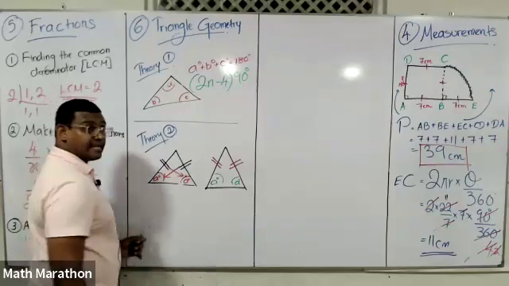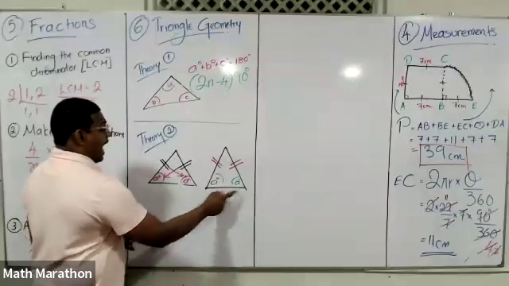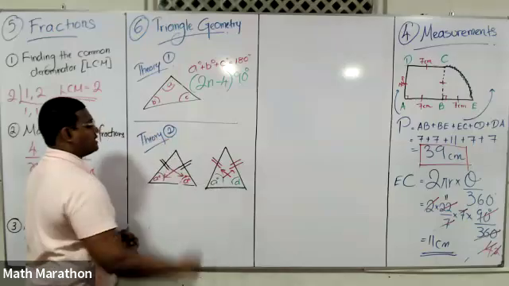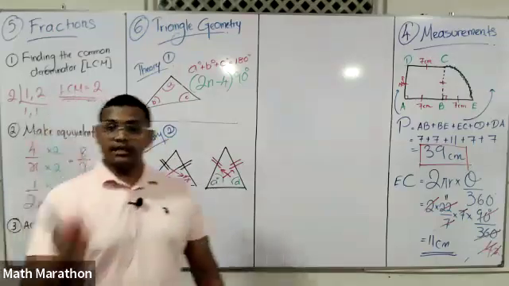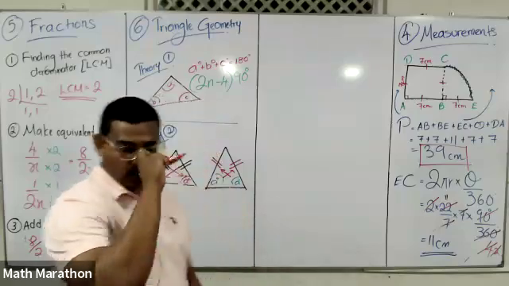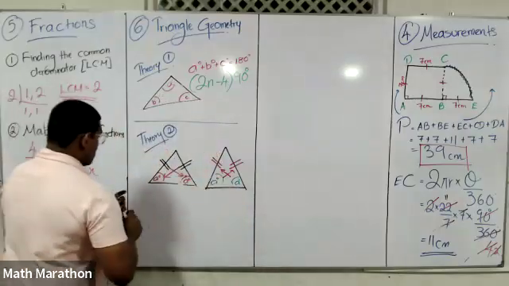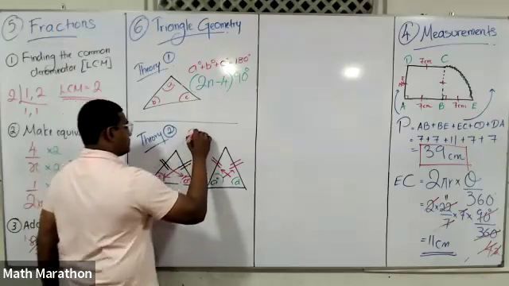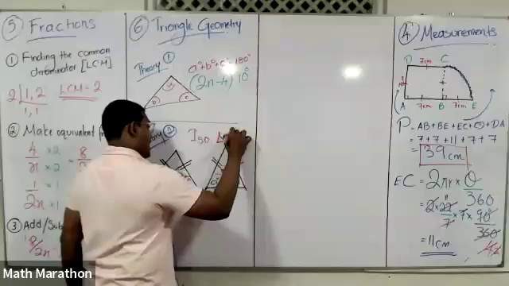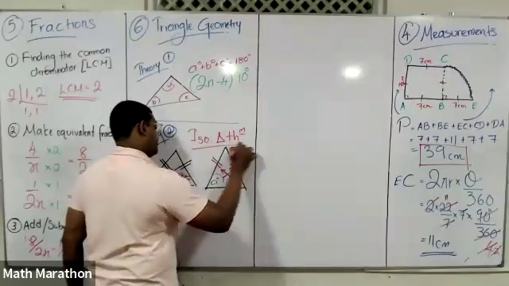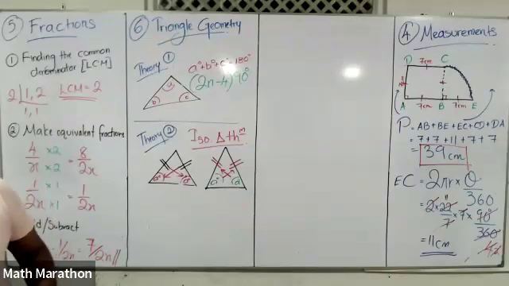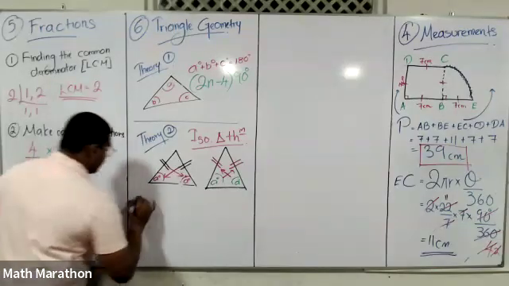The converse says if you have two angles equal, the sides opposite to the two angles are equal. Theory and the converse. Okay, good. So that is the isosceles triangle theorem. Okay, theory number 3.